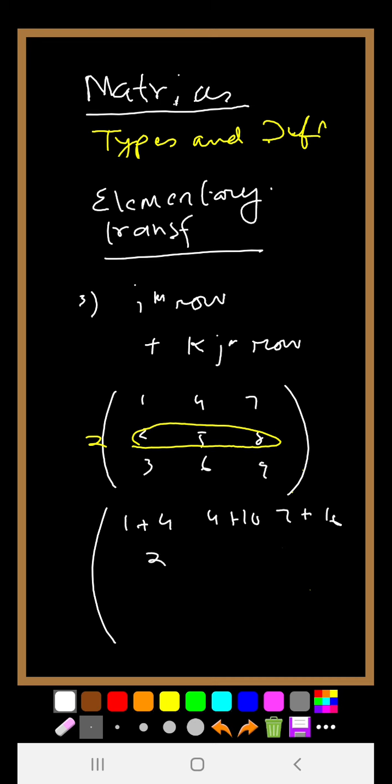And the rest will be the same, 4, 5, 8, 3, 6, 9. So this is called the row elementary or row transformations. Or it can be in the column as well, or in a different case. So 2 multiplied by all the elements of the second column, plus addition to the first column.